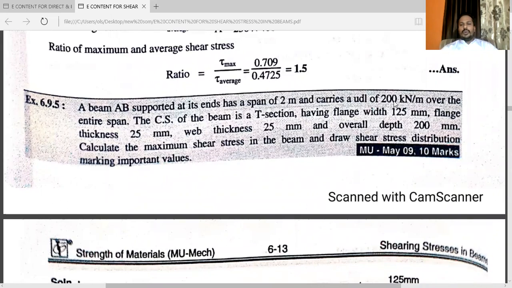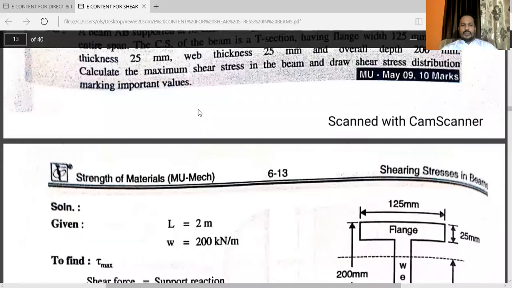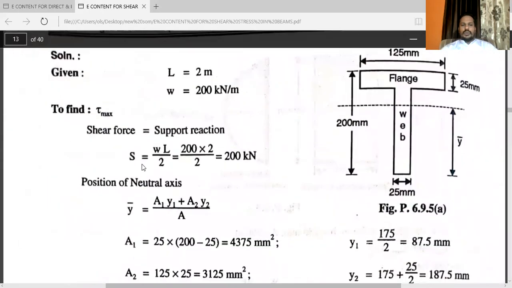So UDL is 200, so 200 into 2, that will be 400 kilonewton, which will act centrally. So the beam is simply supported. So shear force is equal to 200 kilonewton.